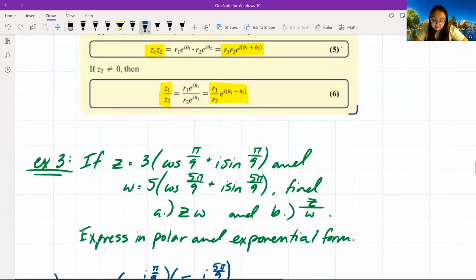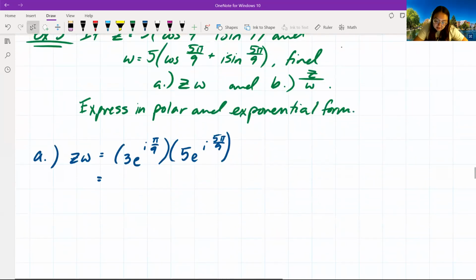So then simplifying using that last part of our equation there, this is going to end up being simplified to 3 times 5 times e to the power of i times the sum of pi over 9 and 5 pi over 9. So pi over 9 plus 5 pi over 9.